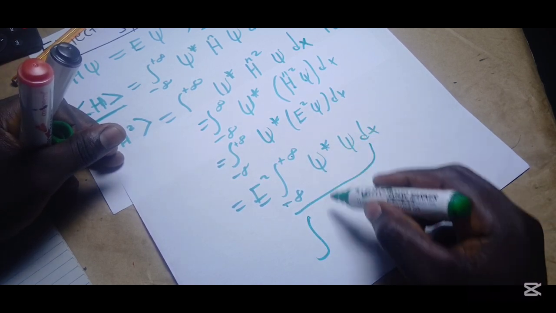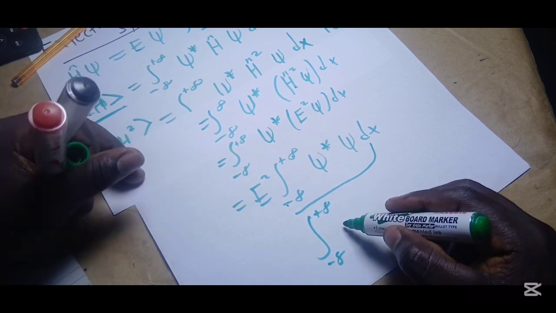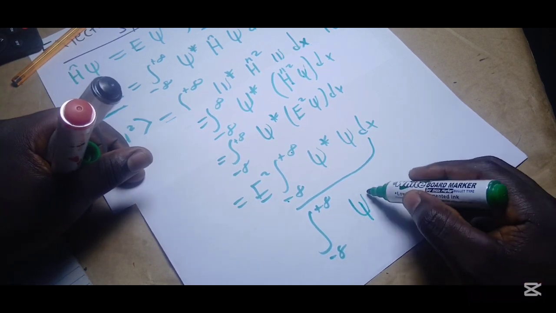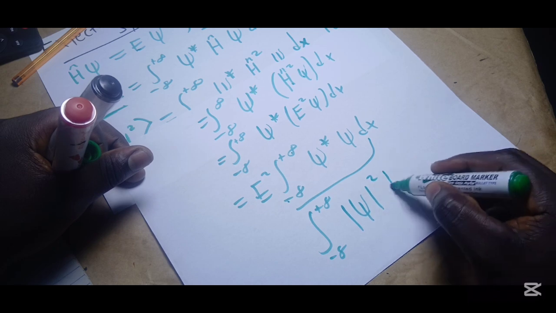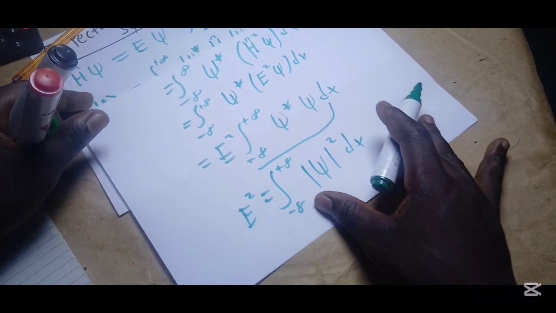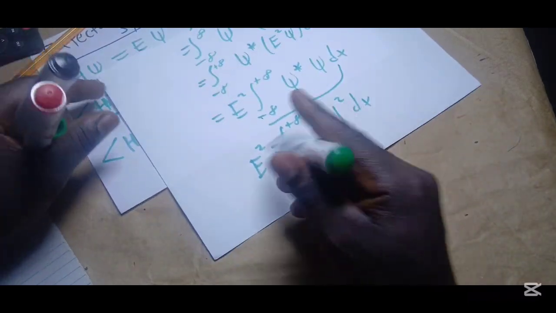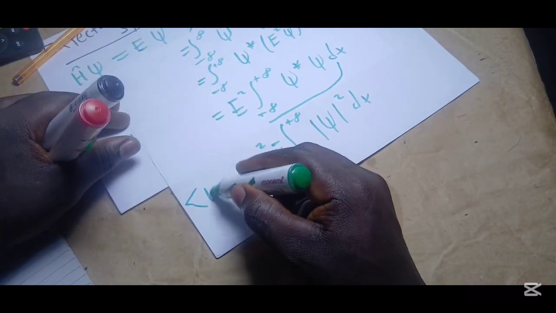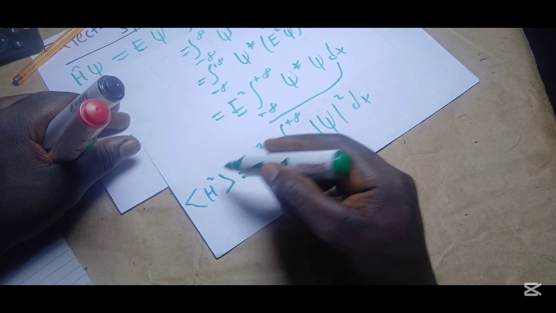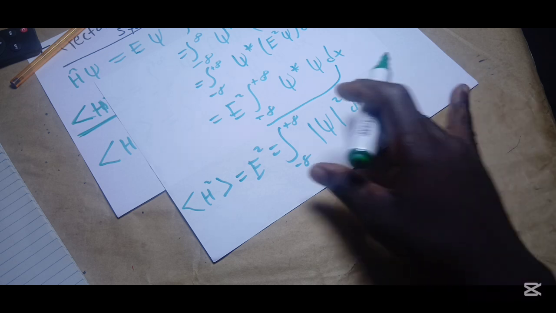And this whole term can also be written as the integral from negative infinity to positive infinity of absolute psi squared dx, times E squared. And don't forget, this is the expectation value of the Hamiltonian square.